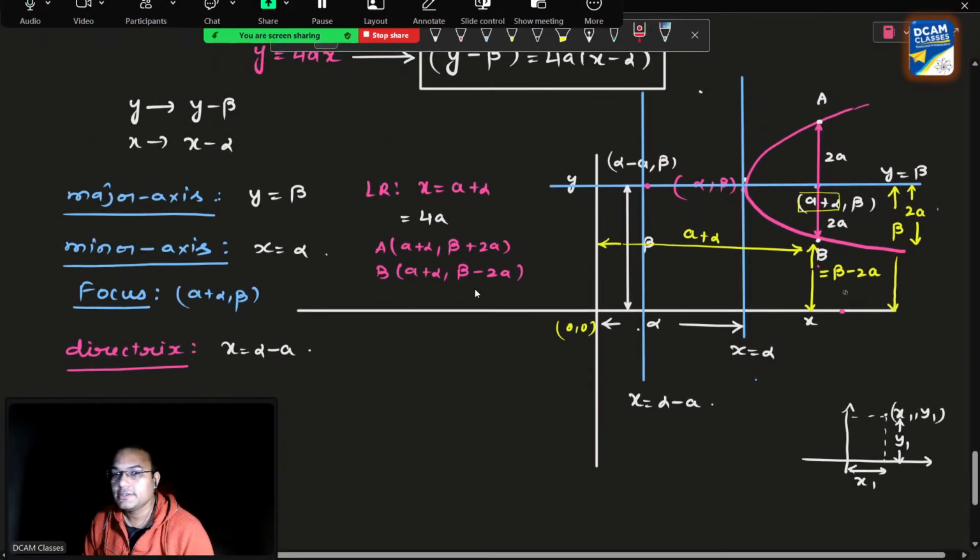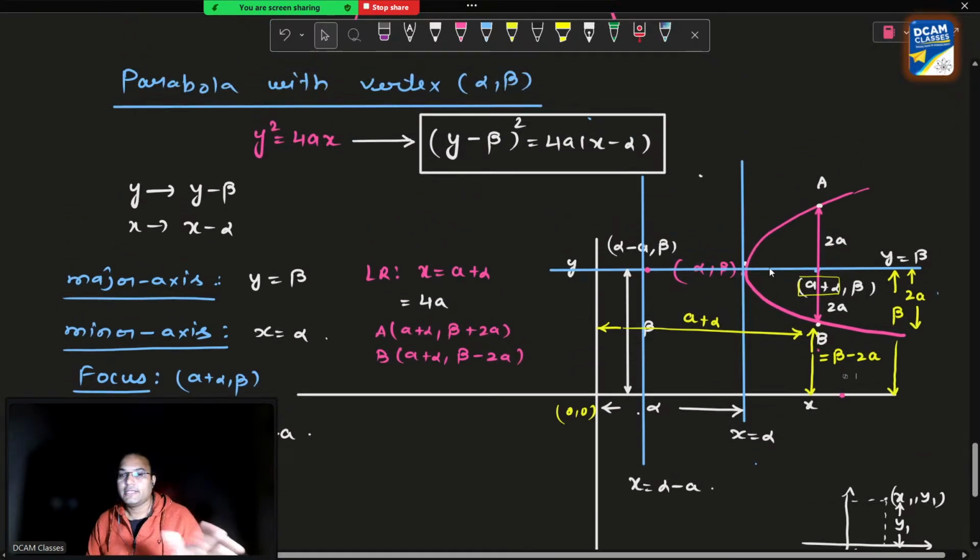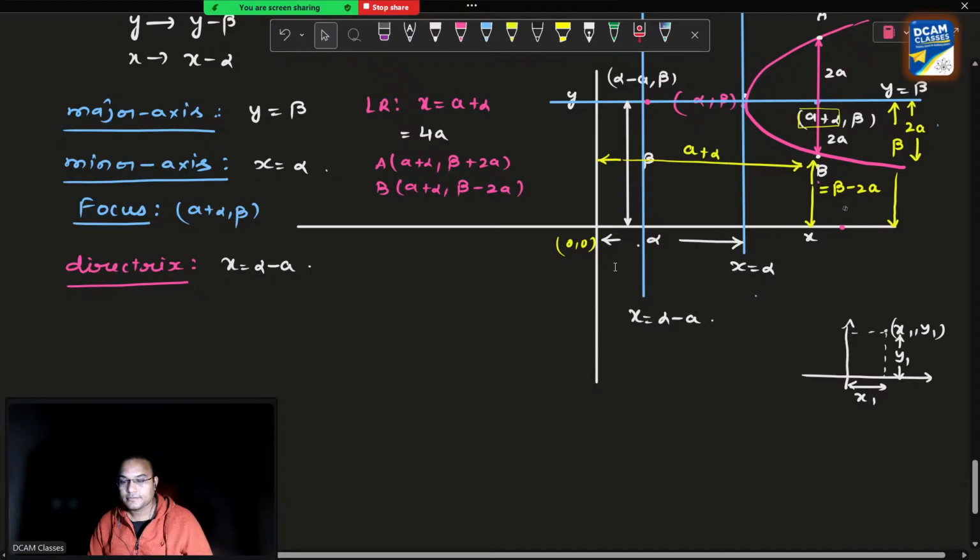Now the equations, directrix you have found, latus rectum equation also, everything you have found. This is how we find out various things for the parabola with different vertex. When the vertex is different, we solve parabolas like this.